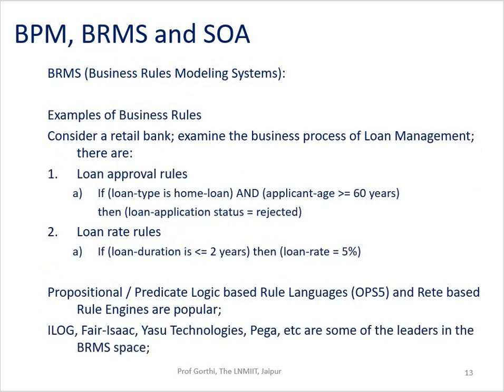Let's take some examples as well. For example, loan approval, the same one which we were talking about. So if my loan type is a home loan and the applicant's age is greater than or equal to 60, then I'm going to reject, because I know that a home loan can be for, let's say, 20-30 years. So how is this person going to pay me?